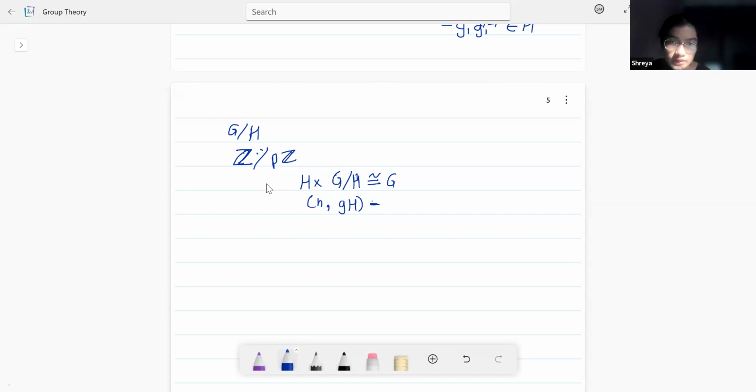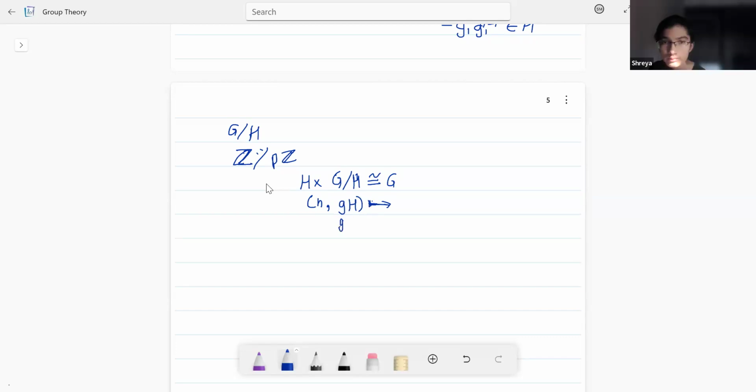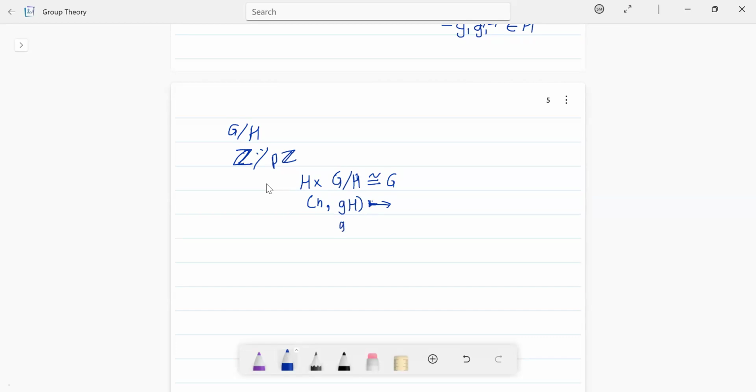No, but you need to send this to a very specific element. Oh, okay. Yes, that's what you're saying. So we can just say GH has an element which corresponds to the identity element, right? Yeah, so that's where the problem comes.